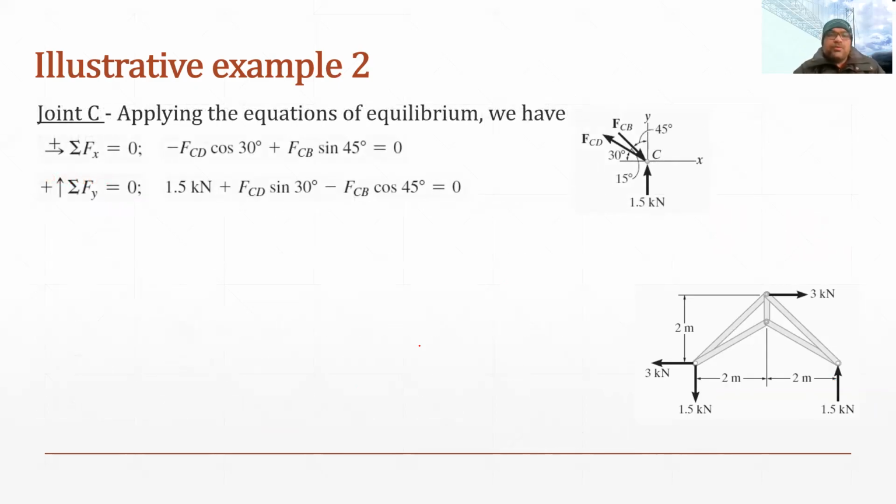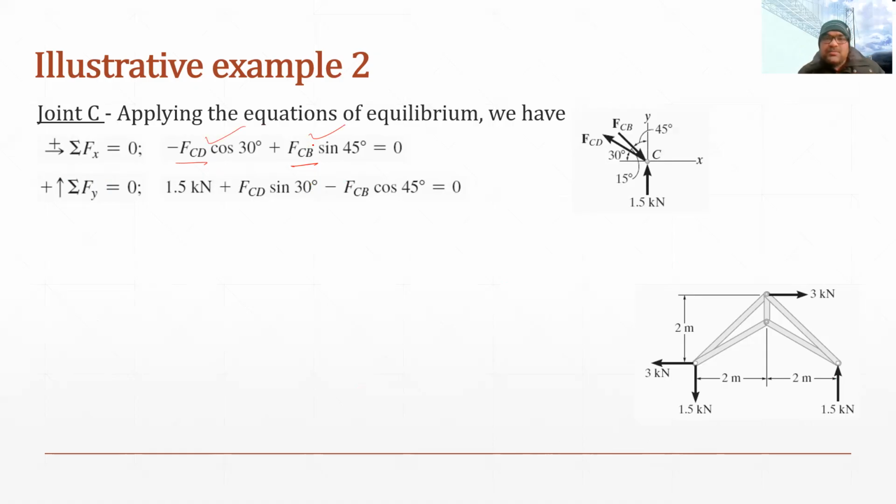So now we are left with two options. One option is, because in both the equation we cannot find out the value of FCD and FCB directly, which means we are left with two options. Either we do the simultaneous equation and solve for FCD and FCB.